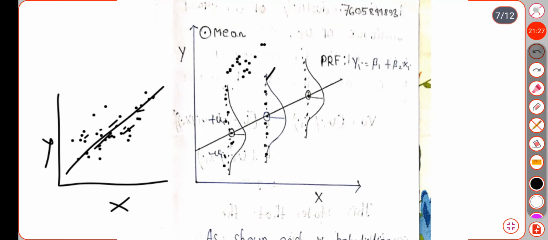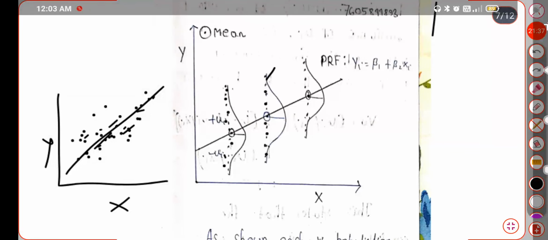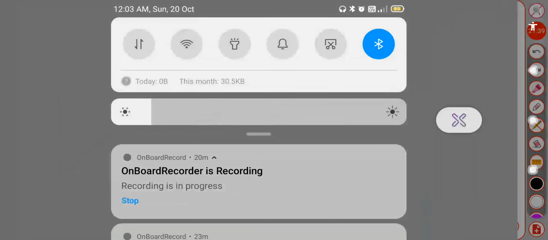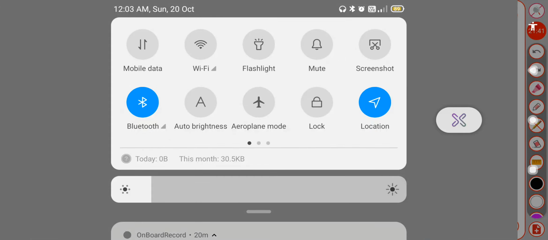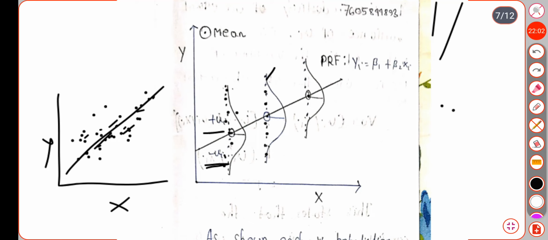Here the error terms are very closely situated, and they are equally spread on both sides of the line. So if you take the expectation of the error terms, what is the distance of the error terms on the positive side? That is plus ui. And what is the distance of the error terms on the negative side?